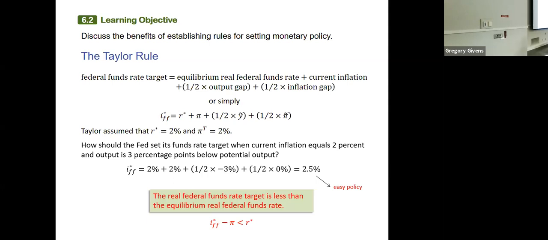The other reason why the Taylor rule is important, though, and I think it may be even more important, is that the recommendations of a rule like the Taylor rule often lead to very good economic performance as measured by a loss function, in the sense that it can help stabilize both prices and inflation and employment and output. All right, so it's a good description of how policy is set, and it's a good prescription for how policy should be set in a lot of circumstances. Not always, but in many.